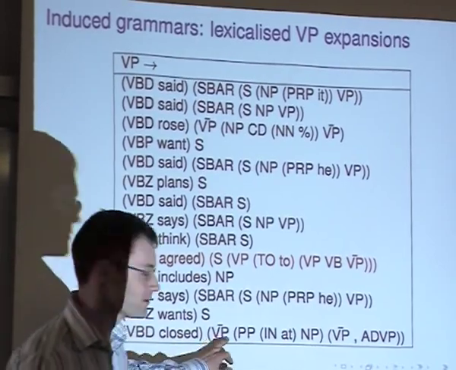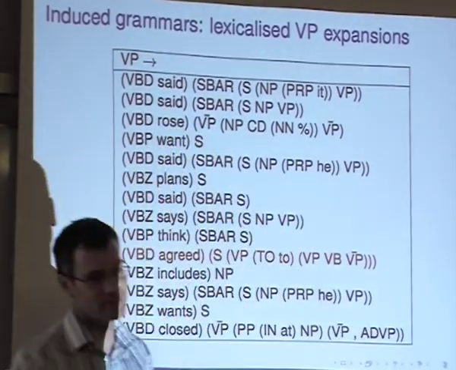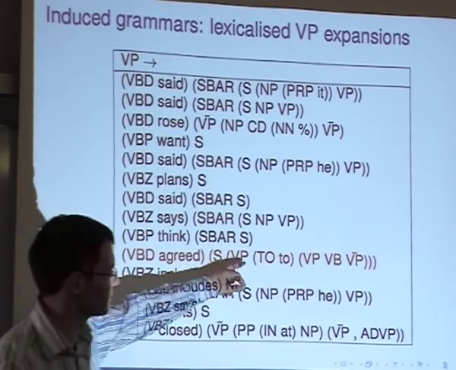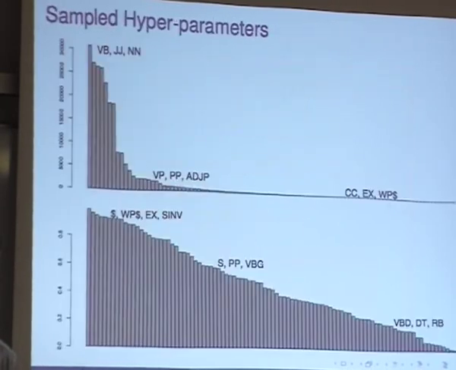Then we also have that closed equivalent, closed at, noun phrase, and then we have yesterday or last night or something. We also have things like agreed to and so forth. So we see a lot of verb frames that it's captured, which is quite nice.